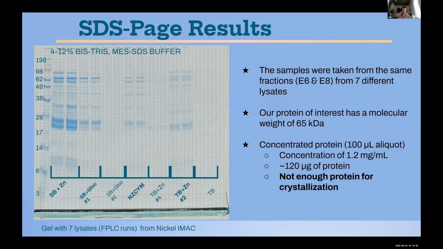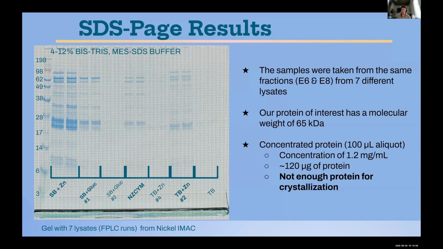Moving on to the identification part, this was the gel we ran. We used 7 different FPLC runs, and they were all taken from the same fractions.